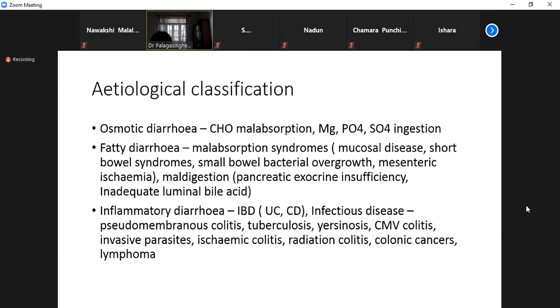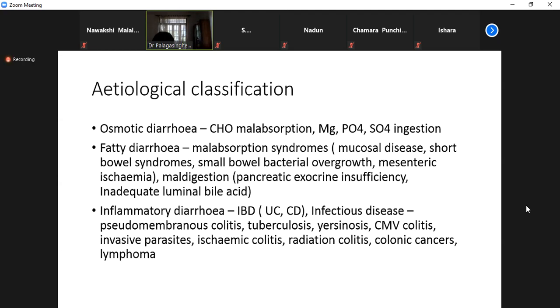Then there is another category called inflammatory diarrhea. The underlying inflammation could be due to an infection, or to things like inflammatory bowel disease, where there is no existing infection but there is extensive inflammation of the bowel.